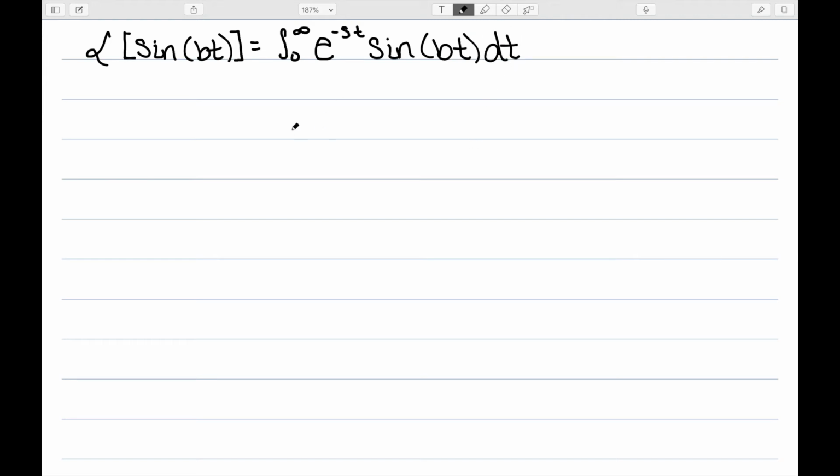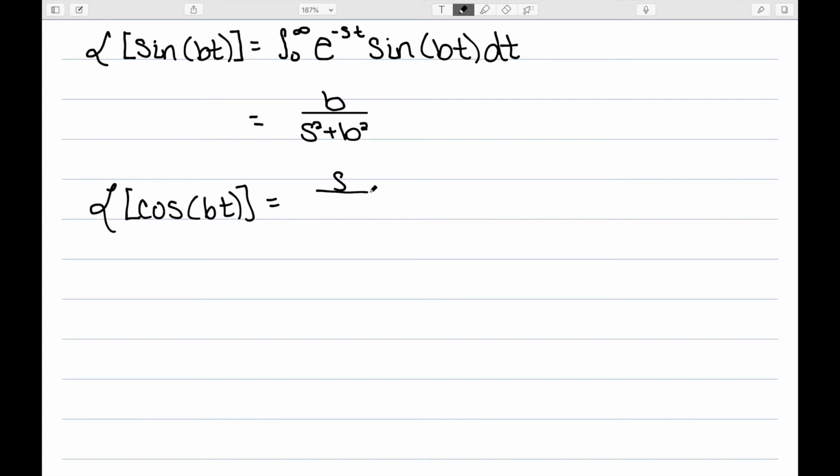And I won't work this one out directly since it does involve a complicated integration by parts problem, but I will tell you the final solution is b over s squared plus b squared. On the other hand, if I want to find the transform of cosine bt, this one would be given by s over s squared plus b squared.